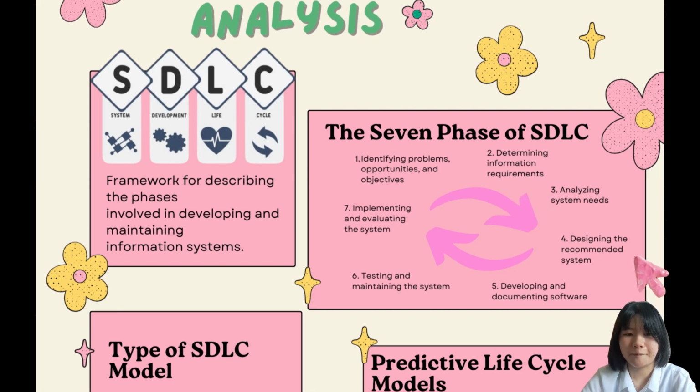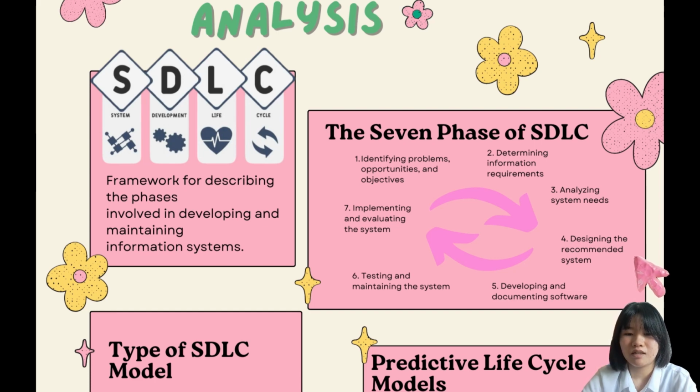The next phase of SDLC is designing the recommended system. Analysis converts the alternate solution into logical and physical specifications. Logical design is the part of the design process that is independent of any specific hardware or software platform.